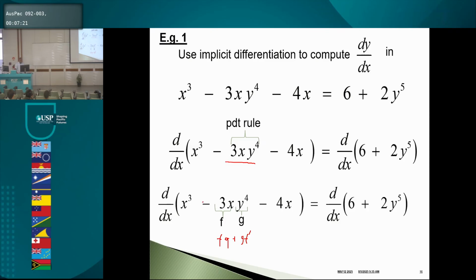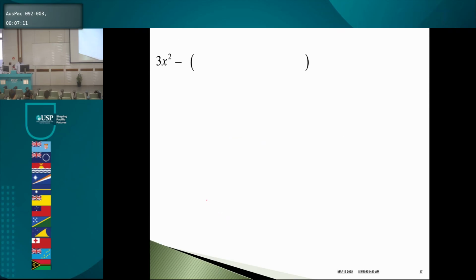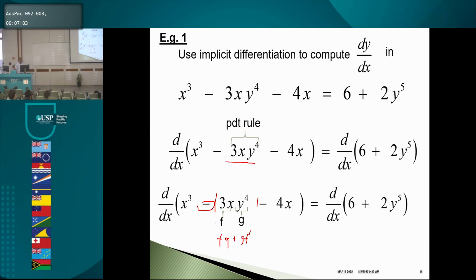Now notice there's a minus on the outside here. So differentiate this and leave the minus sign outside. So there. If I use f g dash, here, g is y to the 4, eh?